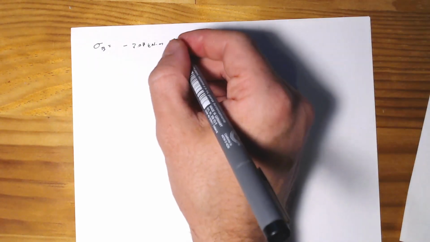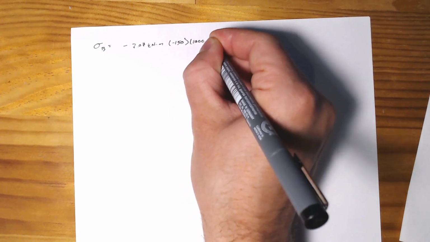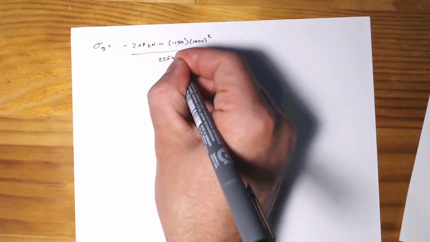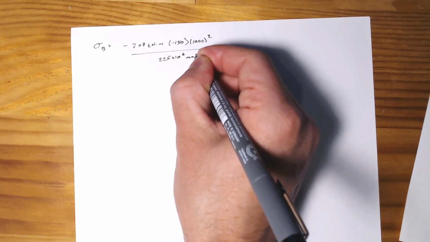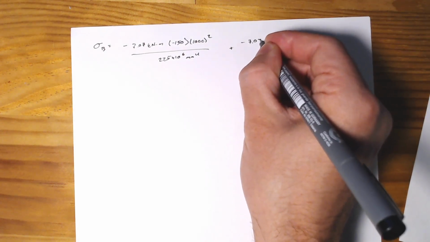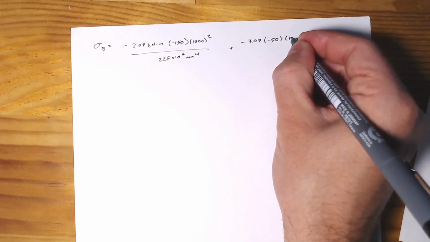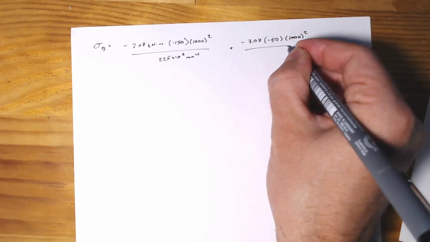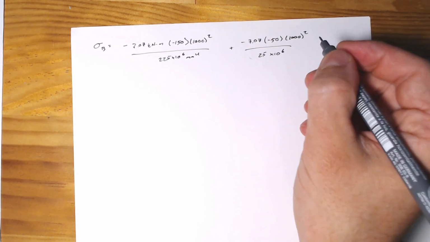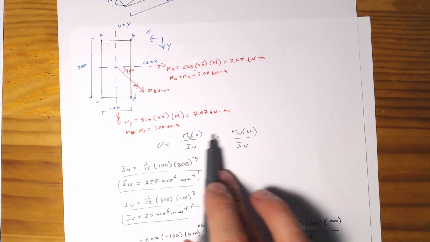So we'd have minus 7.07 times minus 150 times 1,000 squared to get us into the correct units, over 225 times 10 to the 6th millimeters to the 4th, plus negative 7.07 times negative 50 times 1,000 squared over 25 times 10 to the 6th. And again, all we're doing here is simply plugging in and checking our moments and our coordinate systems.